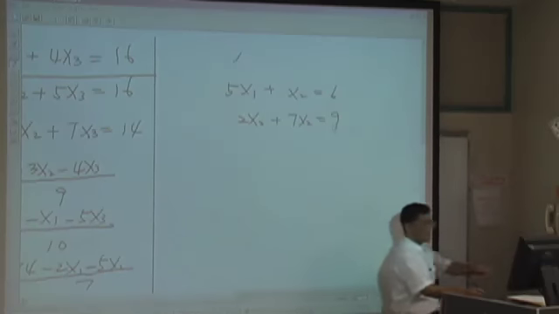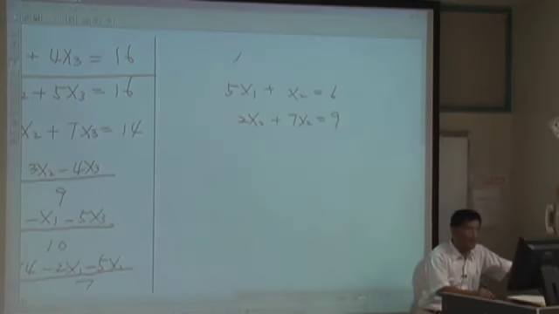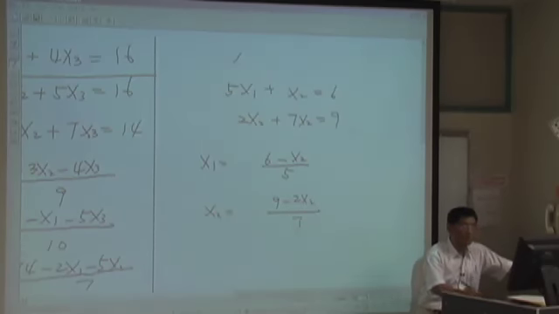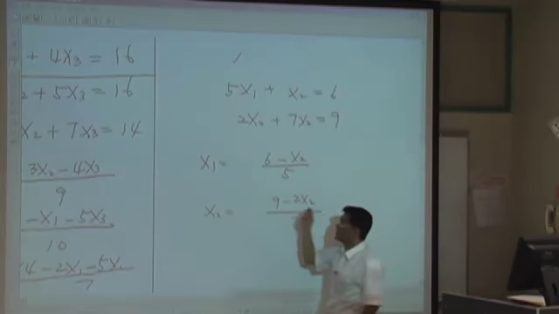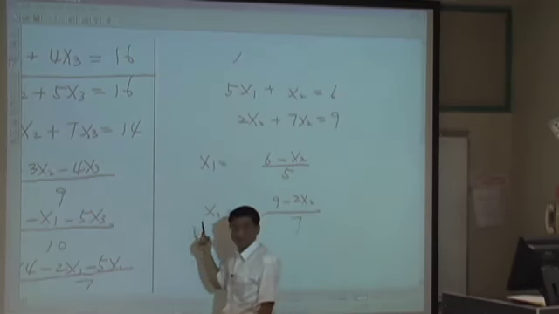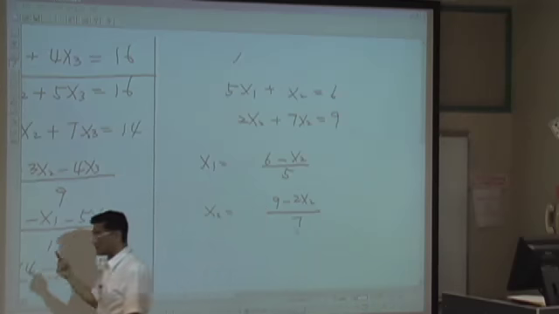Then we have this relation. Right? We have this relation. This same thing is used for both Gauss-Jacobi and Gauss-Seidel.